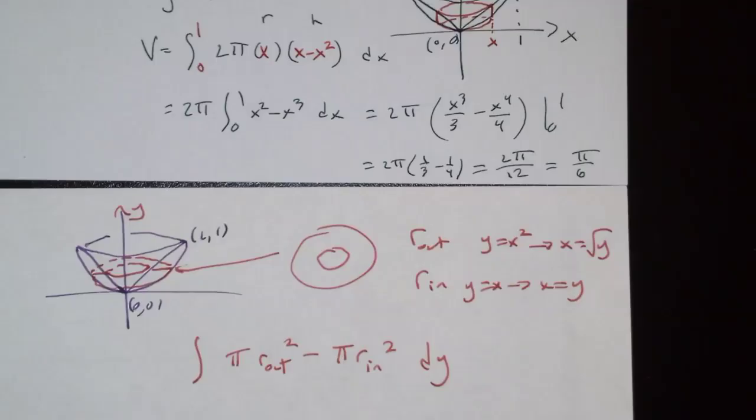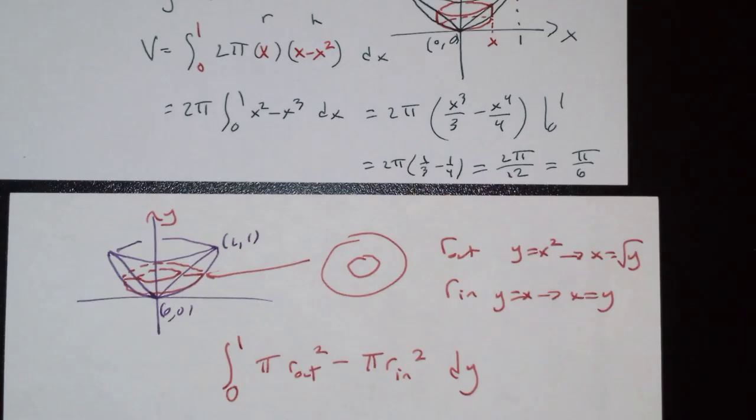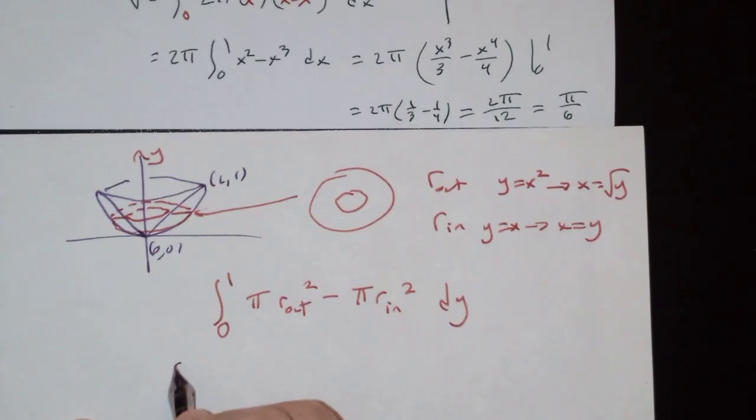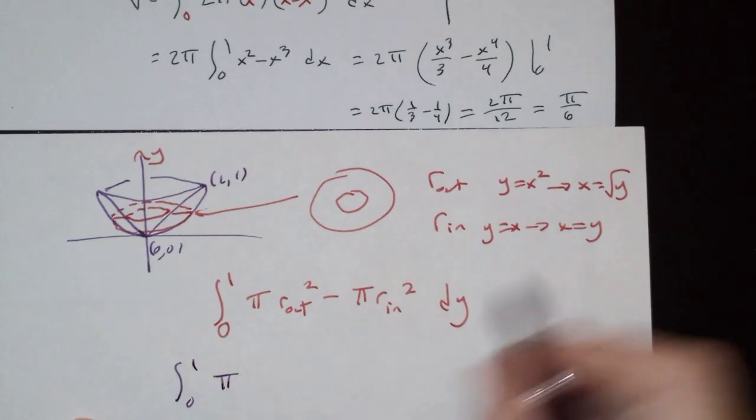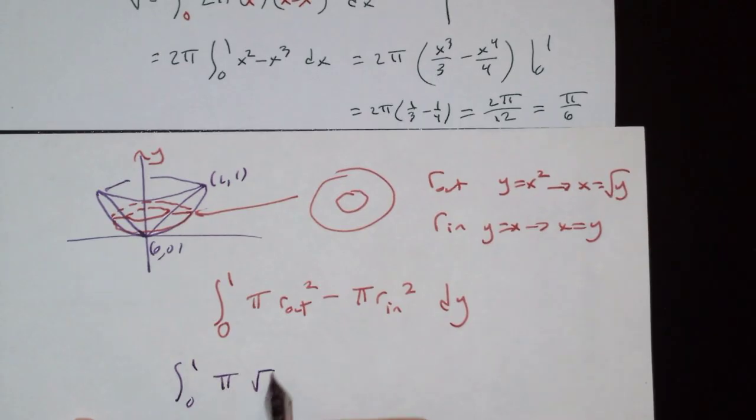What is the smallest y value I can use and be inside my region? The biggest one? Uh-huh. There we go. So now I know this integral. Integral from 0 to 1, pi times root y squared minus pi times y squared dy.